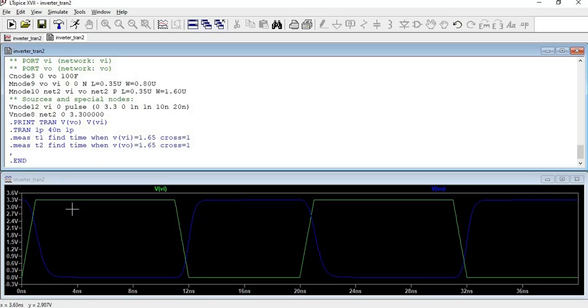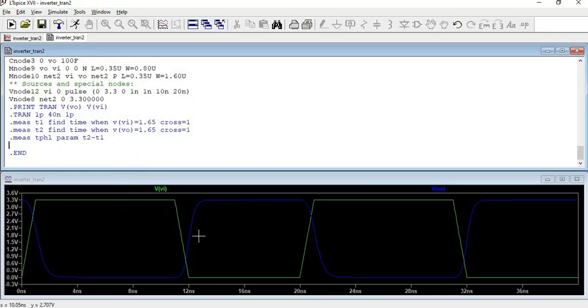So that measure TP high to low, the difference between the two times. The higher value would be from the output, so that would be T2 minus T1.